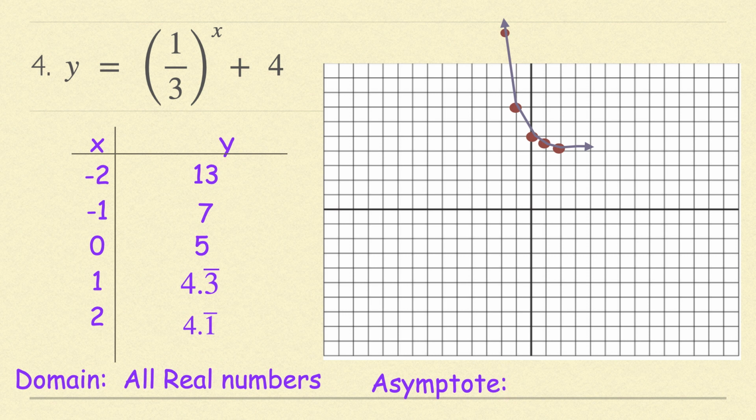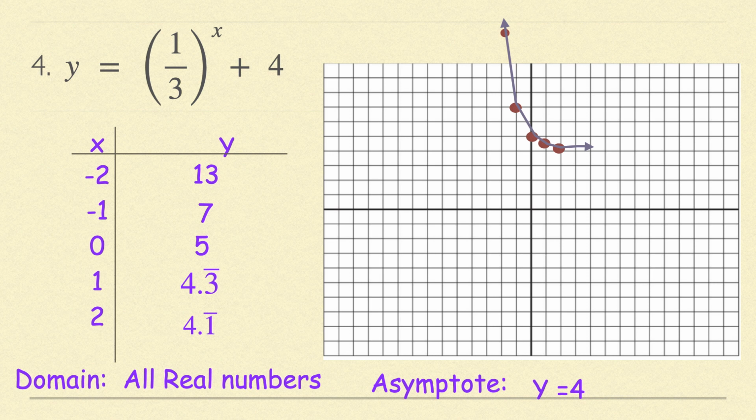So where did we get the 4? Well, it came from what we added to our original equation. We added 4. Remember I said in the last one we were adding 0? That means whatever you're adding or subtracting is your asymptote.